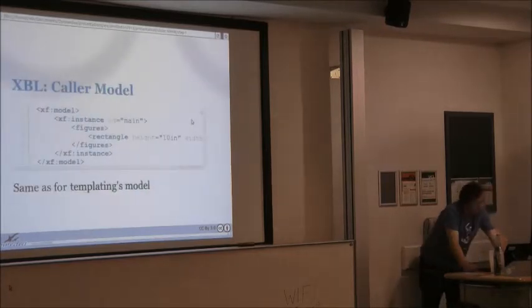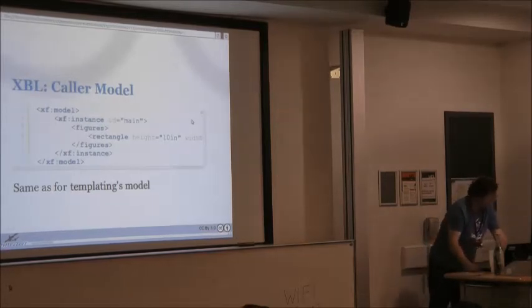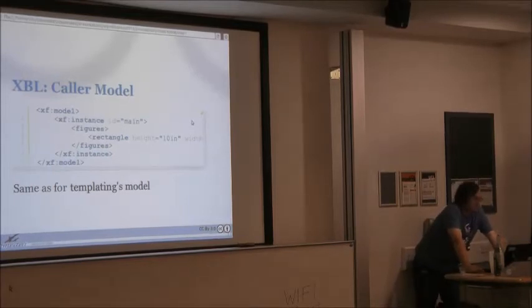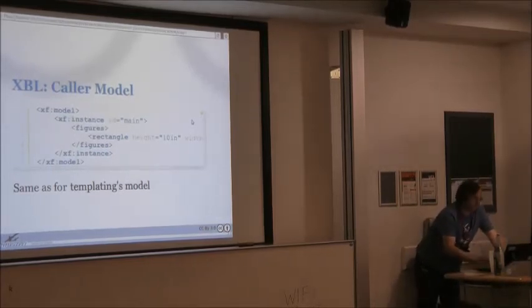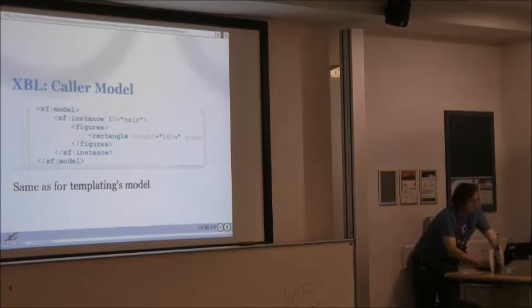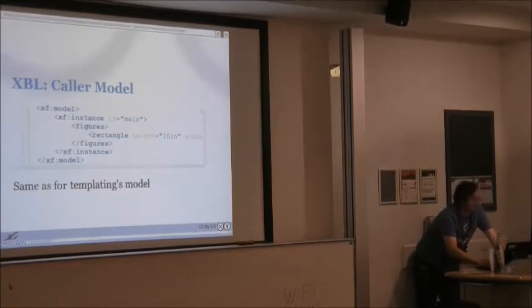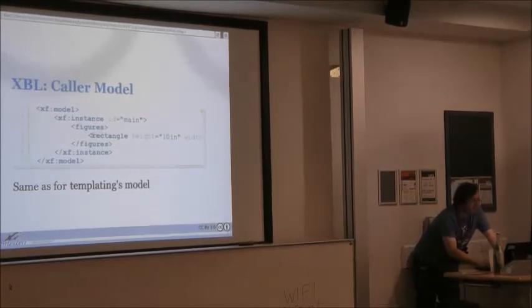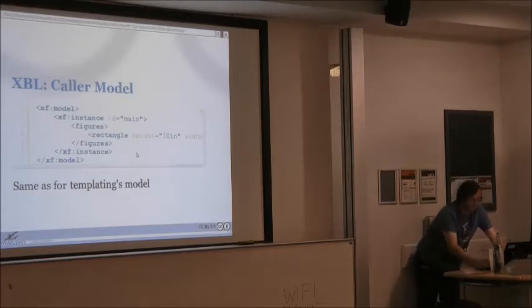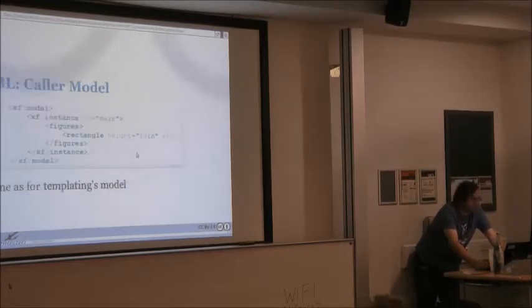So what I've called color is the color form. In fact, it's the form for not really the end user, but people using the component, developers using the component. So you can have the same model that we have for the templating model here. You just define one instance, you don't have to care about how it will be processed by the component.